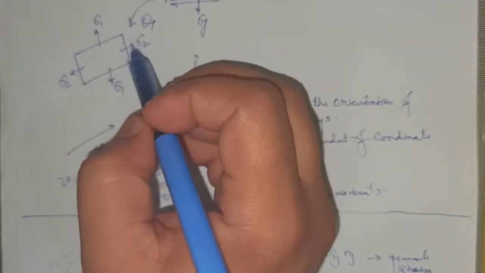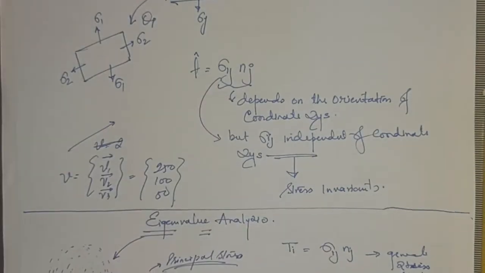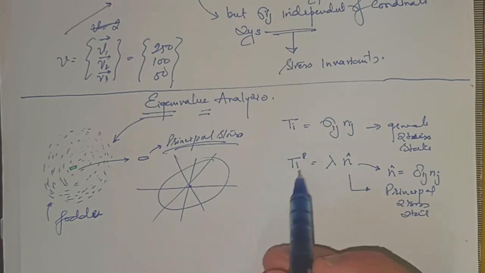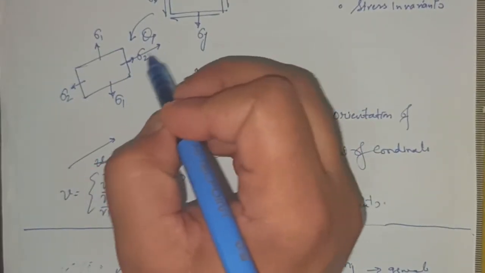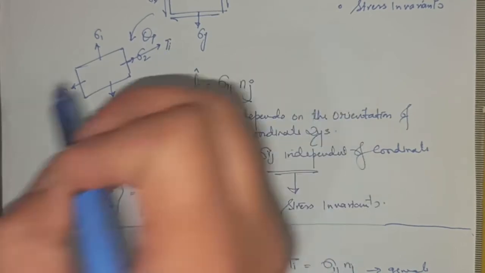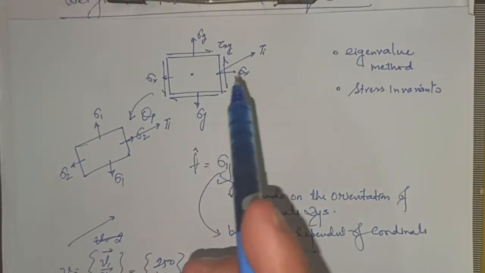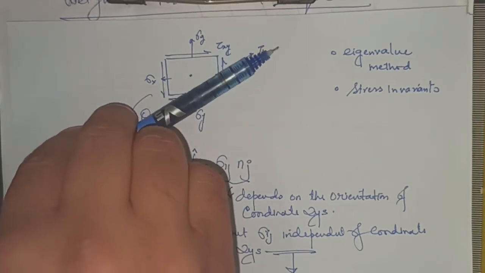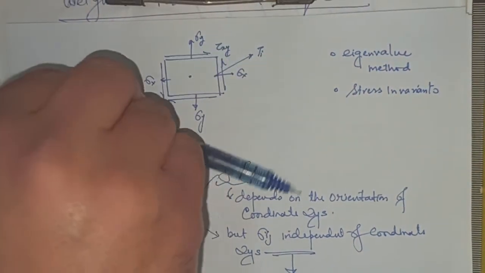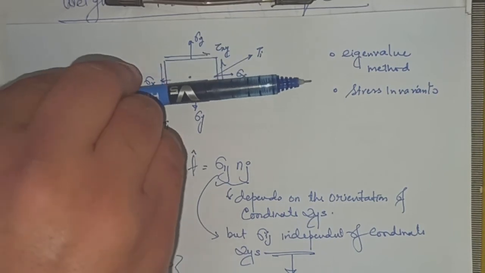On the principal stress state, this Ti vector will be perpendicular to the plane. As I said earlier, on a particular plane the Ti component varies, and it is perpendicular to the plane only when it is a principal value.